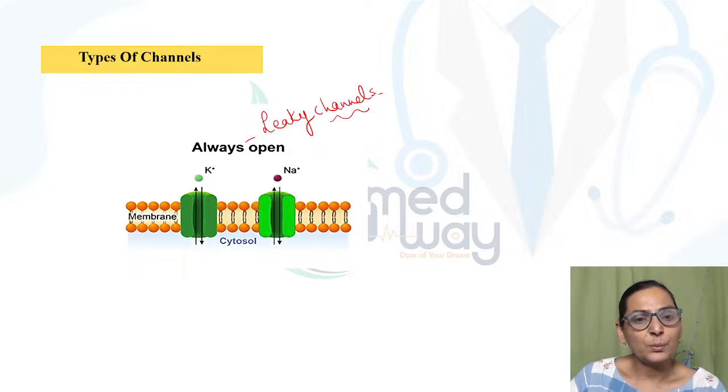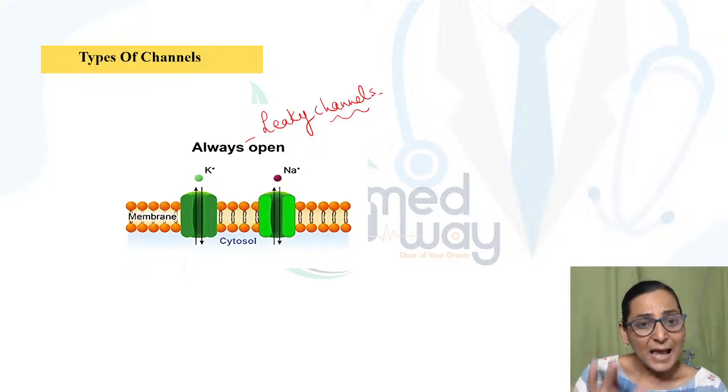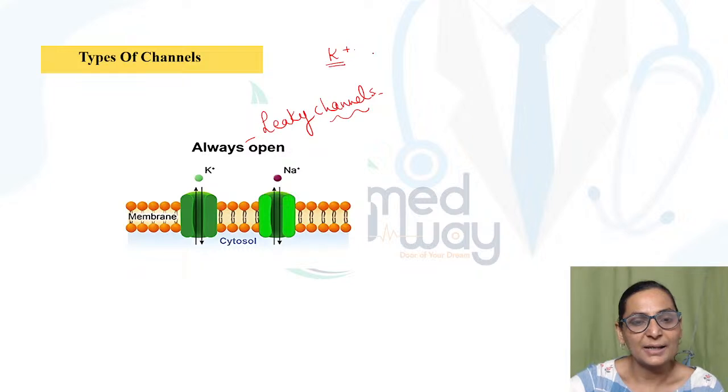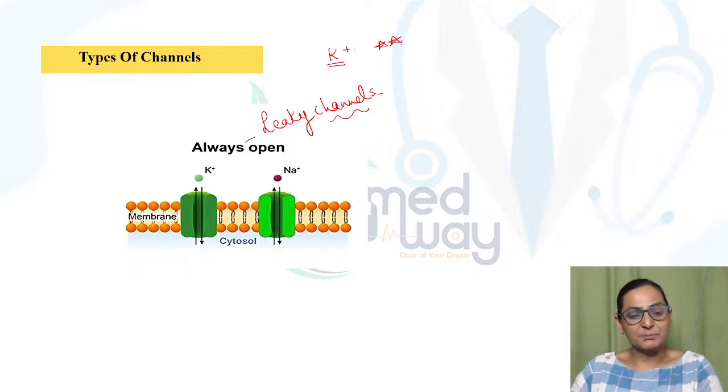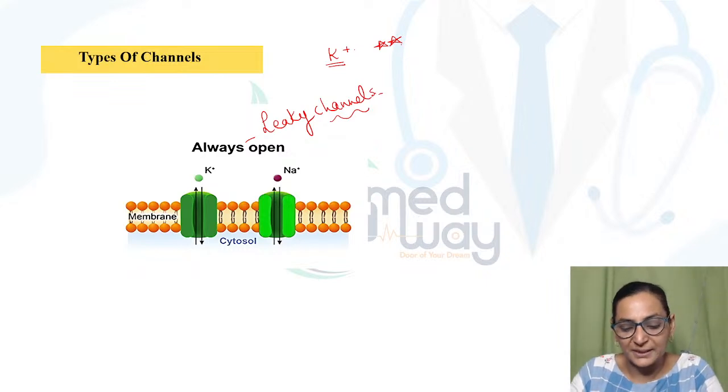They do not require any membrane potential. ठीक है, उनको कोई membrane potential नहीं चाहिए, उनको कोई ligand नहीं चाहिए, उनको pressure नहीं चाहिए. These remain always open, right? And the maximum permeability for the leaky channels is for the potassium ion. And this is a very very important concept. बहुत ज़्यादा important concept है कि जो हमारे leaky channels हैं.